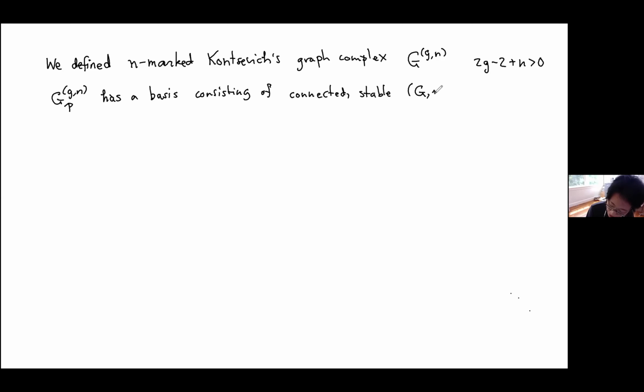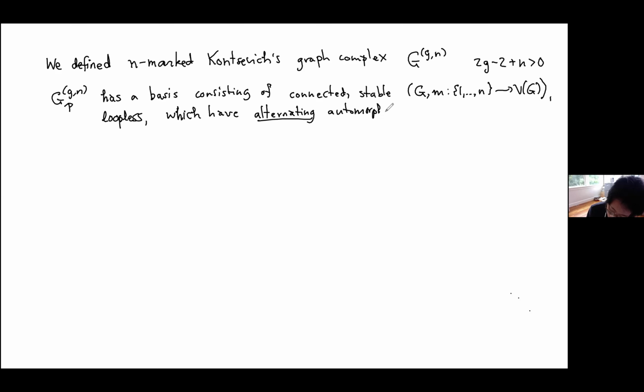So (G, m) a graph together with a marking, without loops, which have only alternating automorphisms, and exactly p+1 edges.